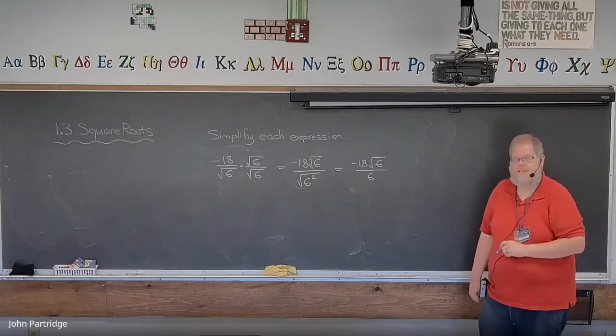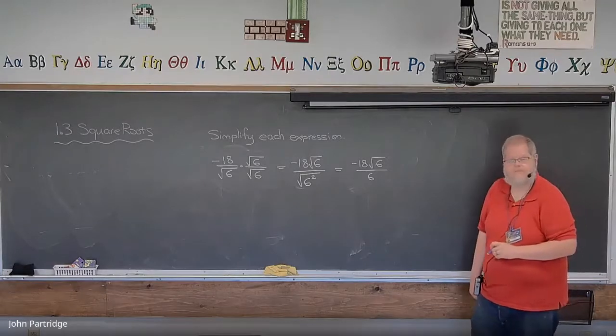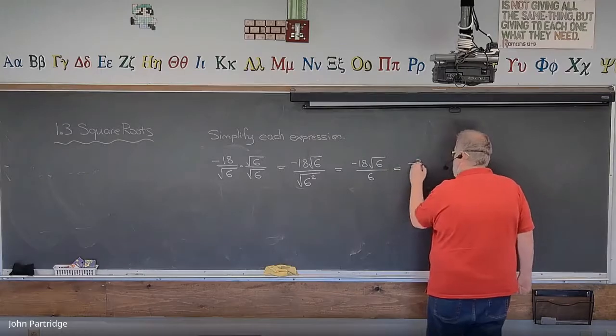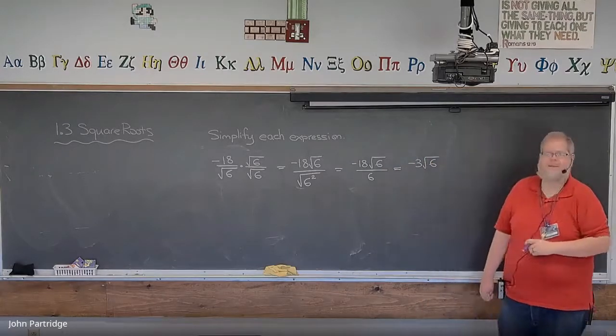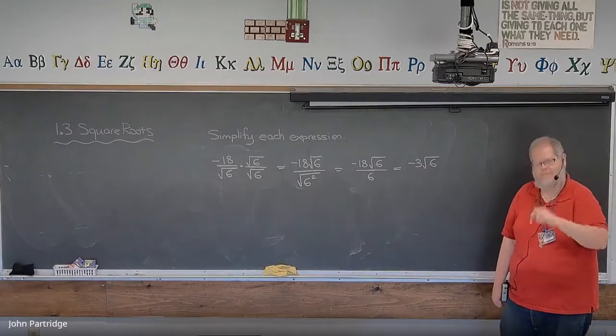Negative 18 times the square root of 6 divided by 6. Final answer, negative 3 square roots of 6. Pause the video.